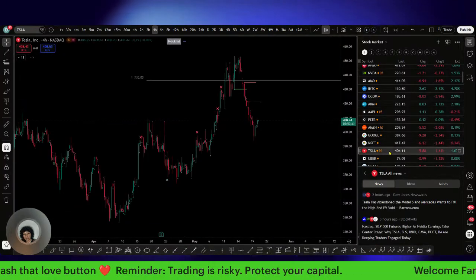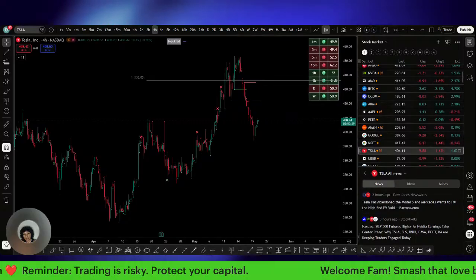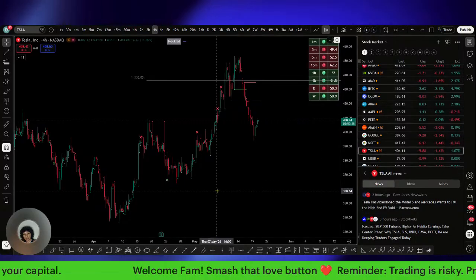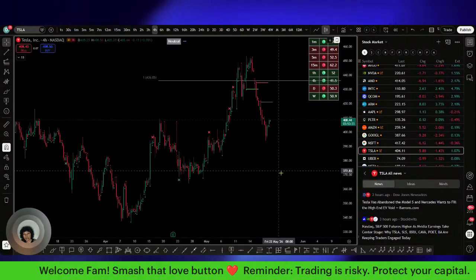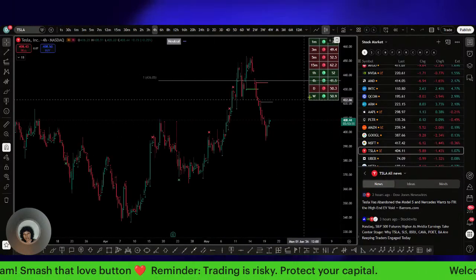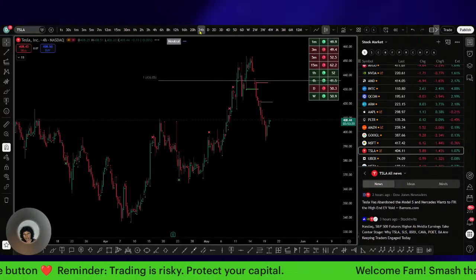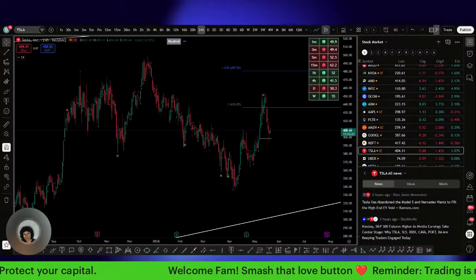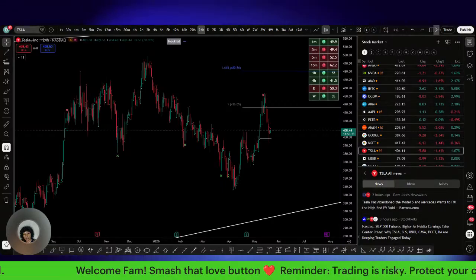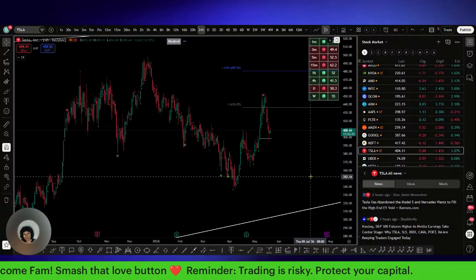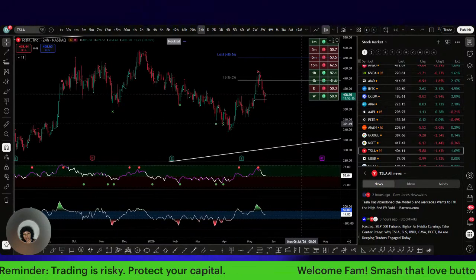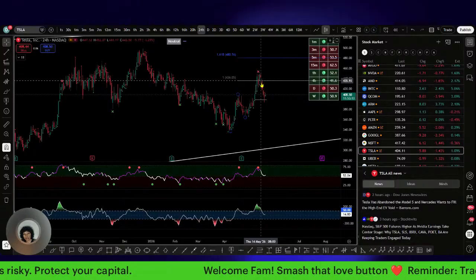Tesla. When did this happen to Tesla? I didn't know it had got this drop.